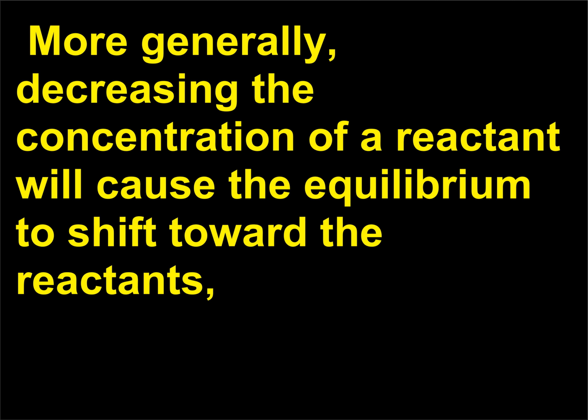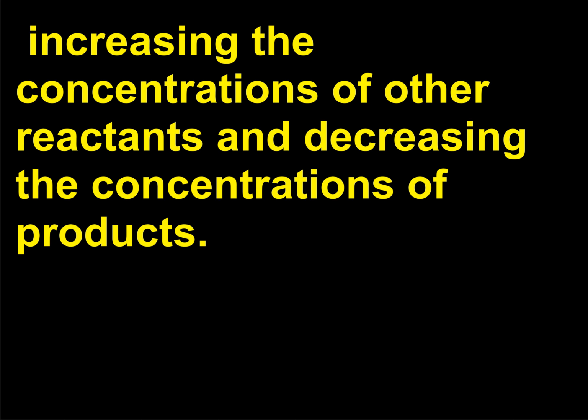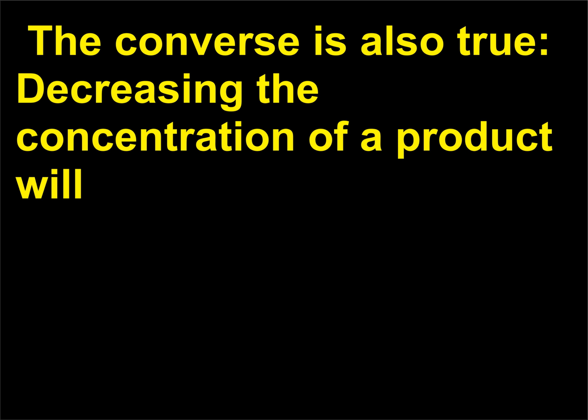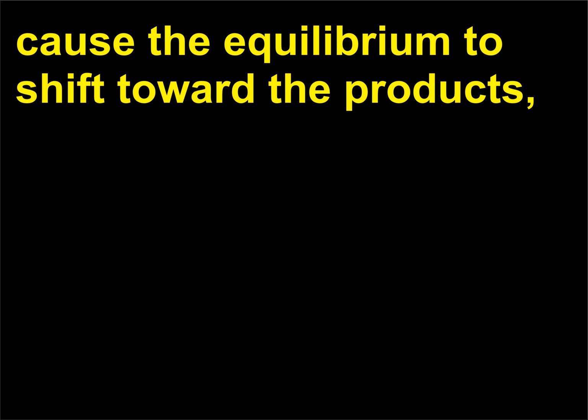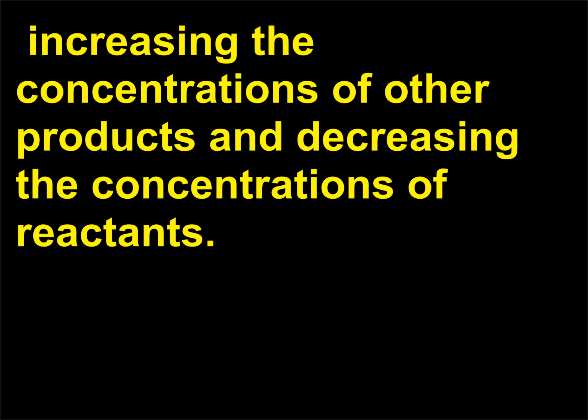More generally, decreasing the concentration of a reactant will cause the equilibrium to shift toward the reactants, increasing the concentrations of other reactants and decreasing the concentrations of products. The converse is also true: decreasing the concentration of a product will cause the equilibrium to shift toward the products, increasing the concentrations of other products and decreasing the concentrations of reactants.